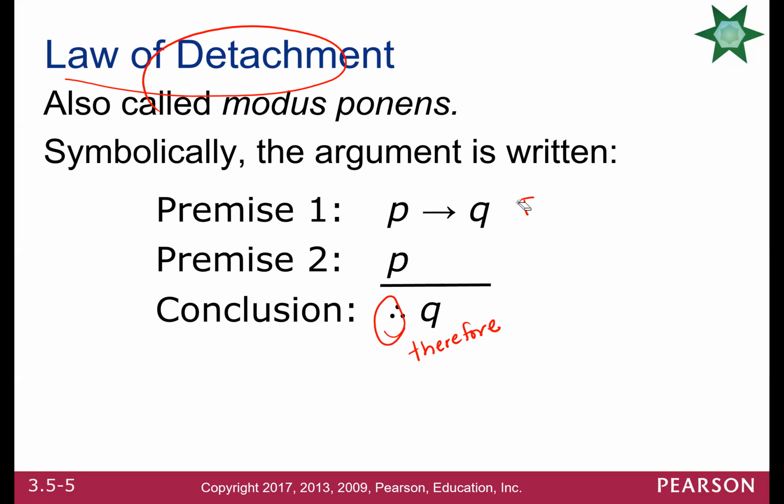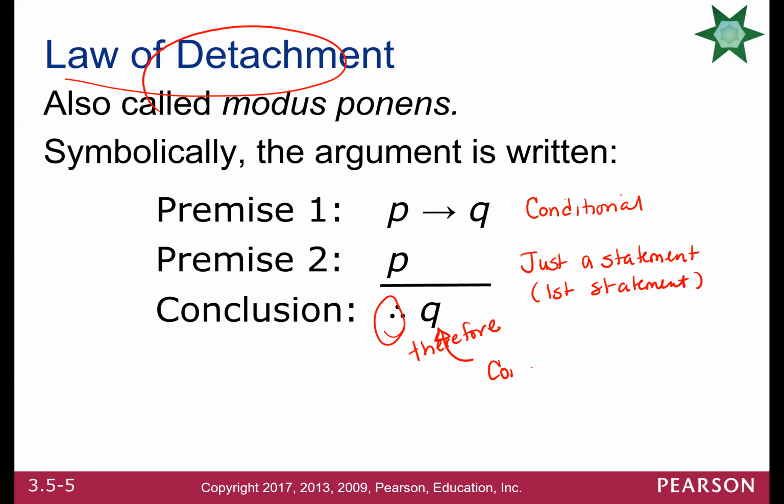Our first premise is in the form of a conditional: if P then Q. Our second premise is just a statement, and it's going to be the first statement. And our conclusion is going to be our second statement. So this is called the law of detachment.